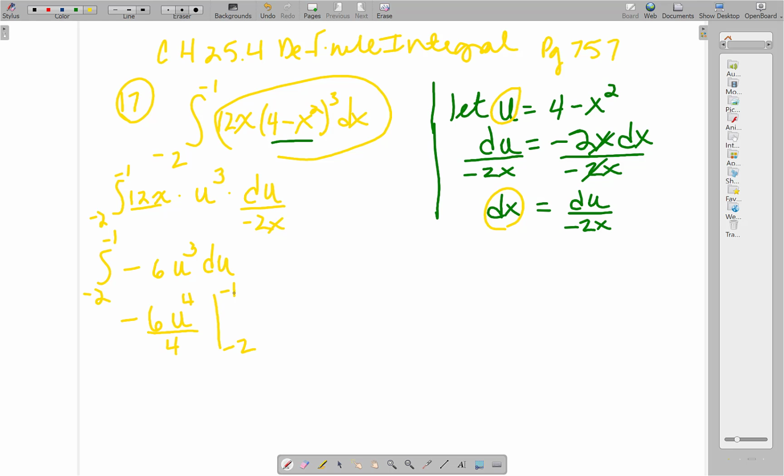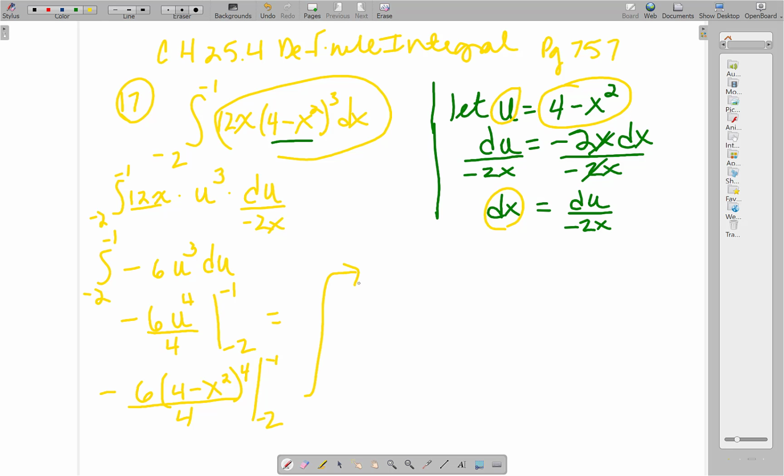Before we evaluate it, we want to go back and substitute for our u what it originally stood for. So what we have actually is -6 times (4 minus x squared) to the 4th over 4 from -1 to -2.